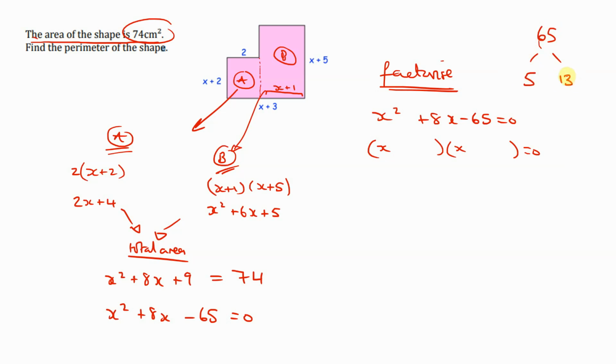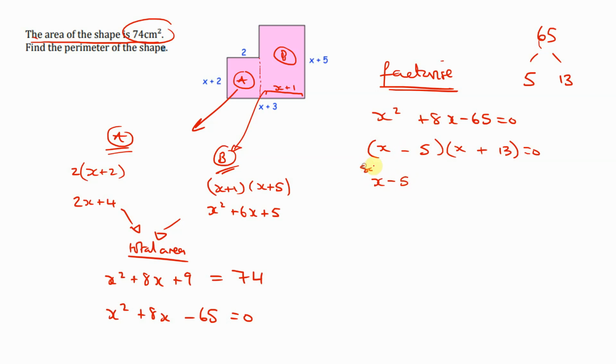Let's double check that that works. Let me do 5 times 13. Yep, that's 65. There's a difference of 8 between them, so I think that's going to work. We want one to be positive and one to be negative, because this is a negative 65. And we've got a positive in the middle, so when we add them, we want it to be positive, so my larger number should be positive.